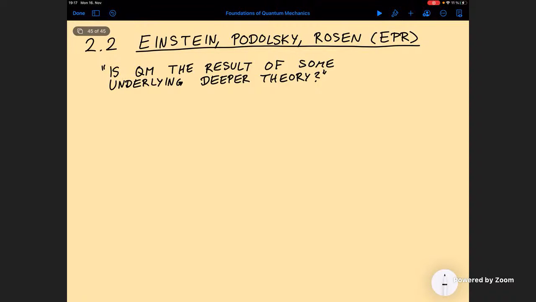And so the momentum after this position measurement has become so uncertain that if you do now a momentum measurement, it will just show something random. And it is presumably not related to anything you would have found about the momentum before you did the position measurement. So this is the fundamental problem if you start down this road of trying to find a deeper underlying theory.